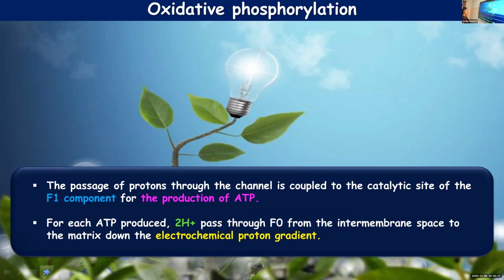For each ATP produced, 2 protons will move through F0 from the intermembrane space into the matrix, down the electrochemical proton gradient.